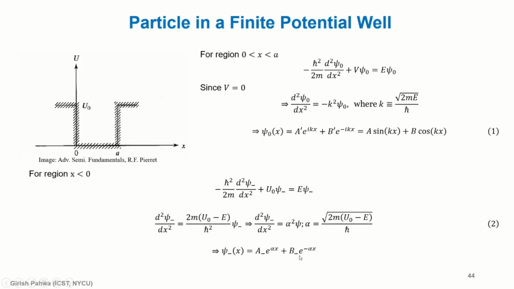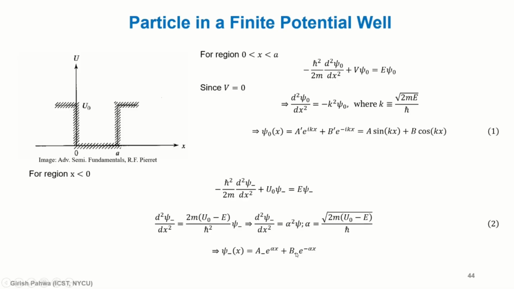But in this case, forget about finite, we are getting infinite at x equal to minus infinity. So how do I save my wave function from becoming infinity? I know that it cannot happen. If it cannot happen, this b minus will have to be 0.